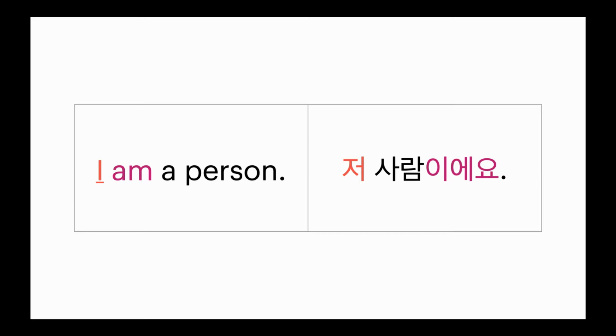And the answer is yes, you can. In fact, you might often hear 저 사람이에요. You also might sometimes even hear 저는 abbreviated to 전. 전 사람이에요. But today we're going to go ahead and practice 저는 사람이에요. 저는, just so that you can get a feel for what the most grammatically correct way to say it is.